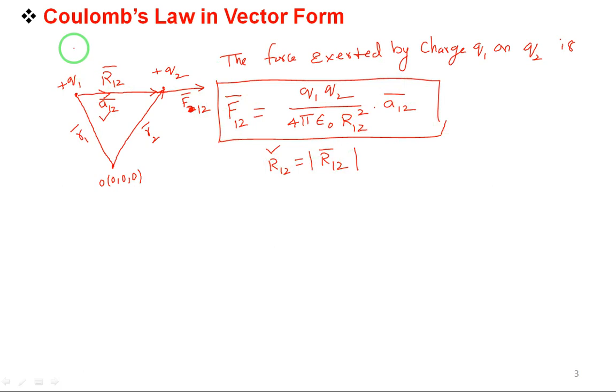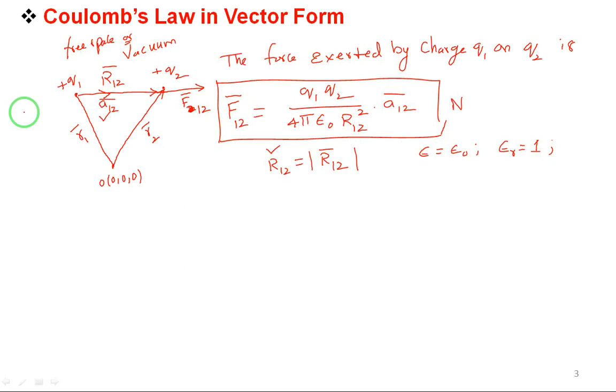And once again the same thing, these two charges are placed in free space or vacuum. Then we know that epsilon is equal to epsilon naught, because epsilon r is 1 for free space or vacuum, right? Okay, once again the units of force I will write here, it is newtons, right?